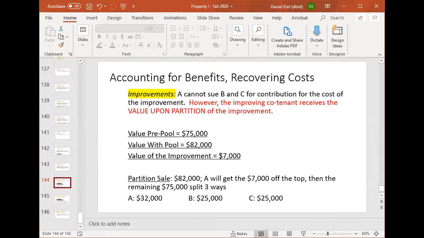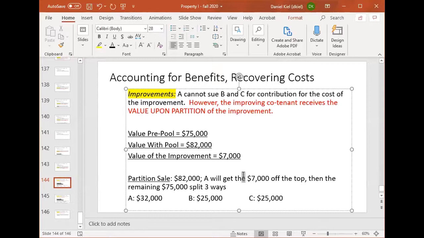Okay. And the way that value upon partition works is that A gets the value off the top before whatever is left over is split according to the interests. Okay, so in this instance, let's say it partition sales for 82 because that's the value with the pool.